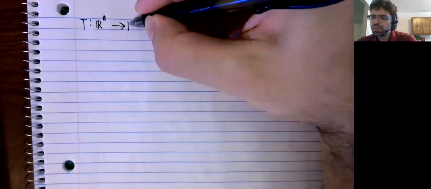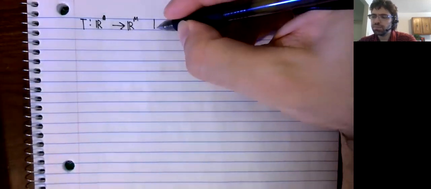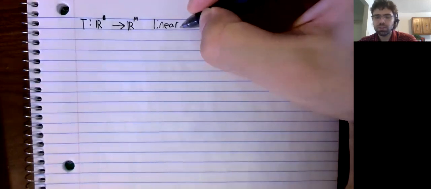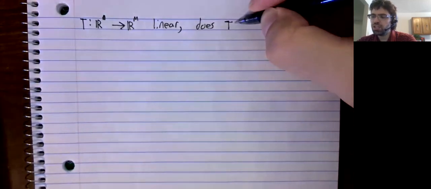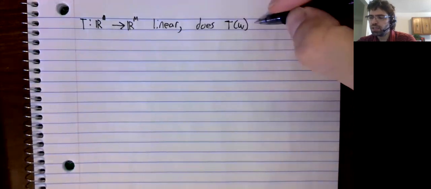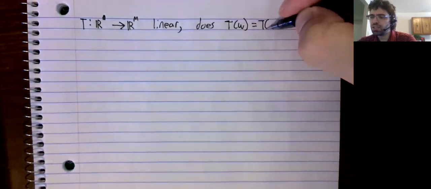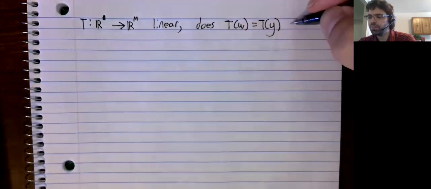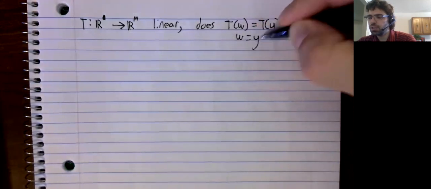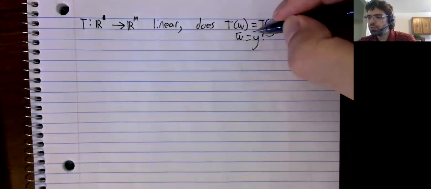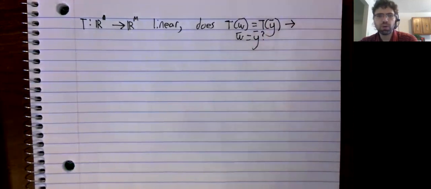So, given a linear transformation T, does T of W equaling T of Y imply that W equals Y?